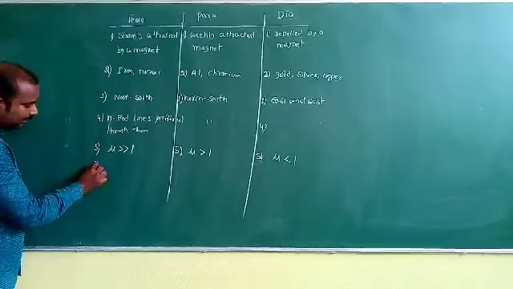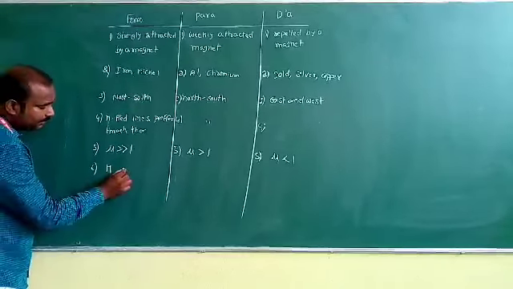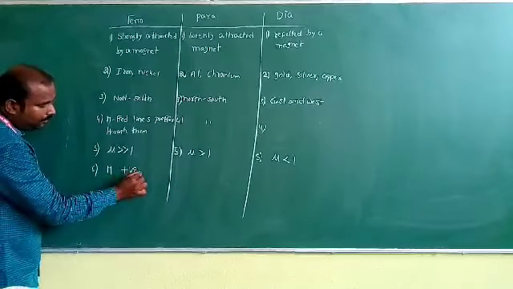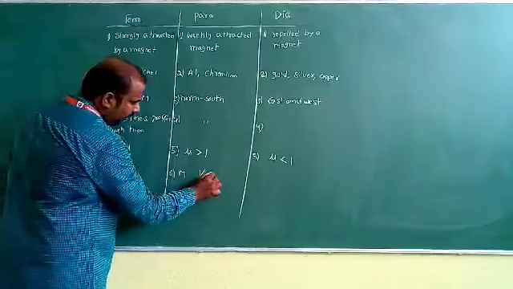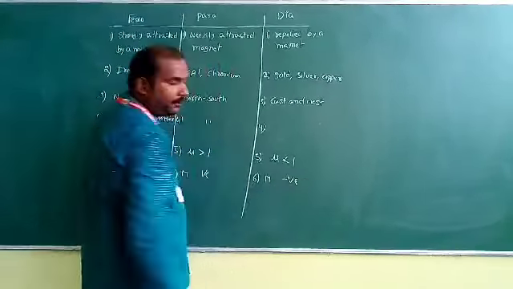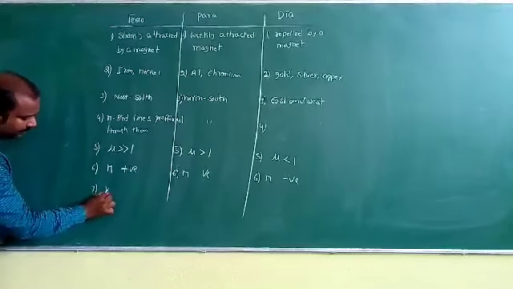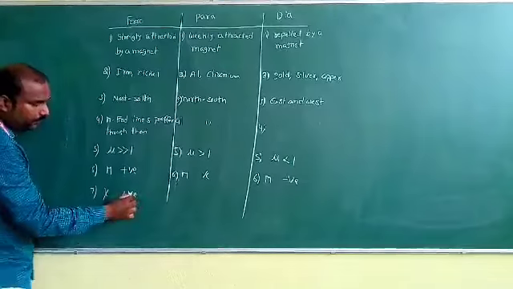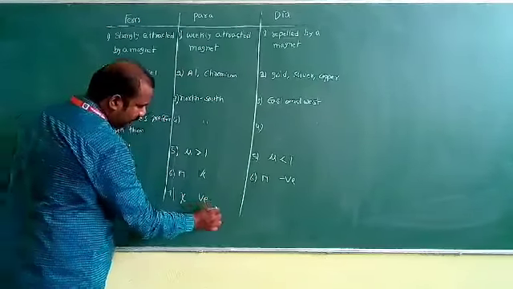Next, here the magnetization M value is large positive. Here the magnetization value is positive. Here the magnetization value is negative. Next, here the susceptibility value is more positive. Here the susceptibility value is just positive.